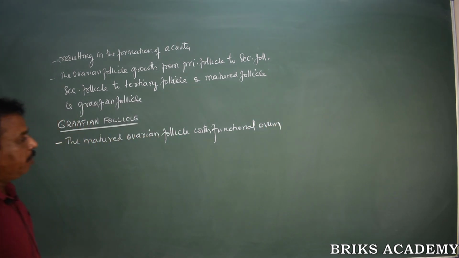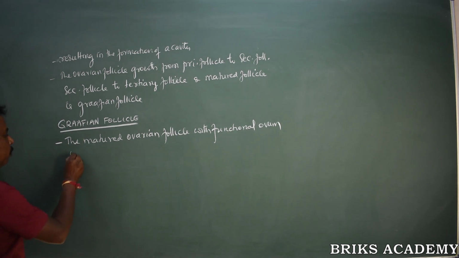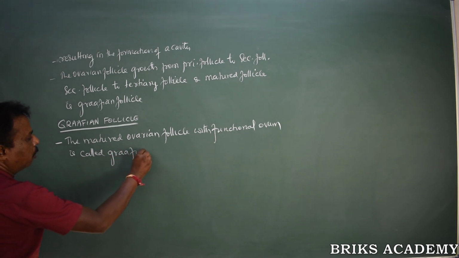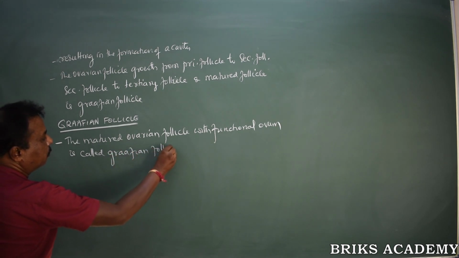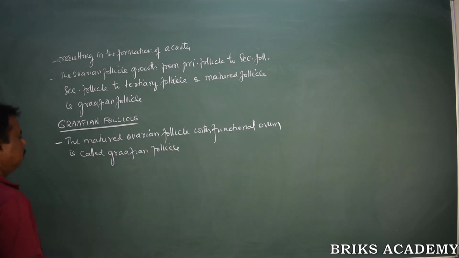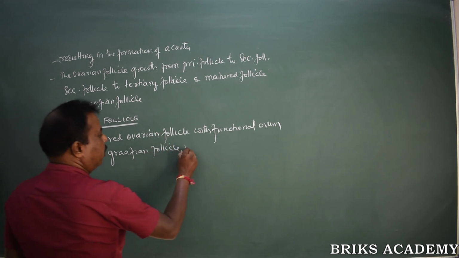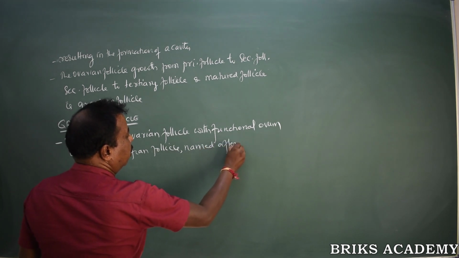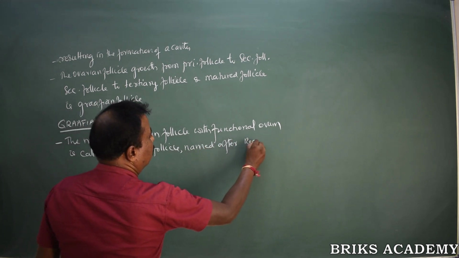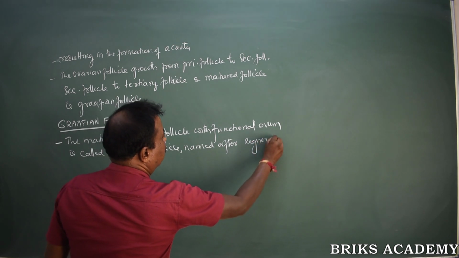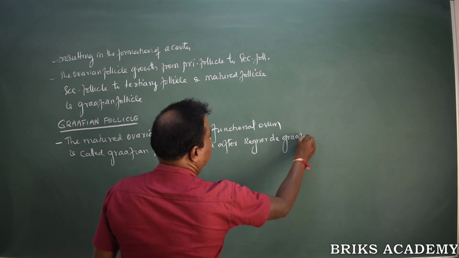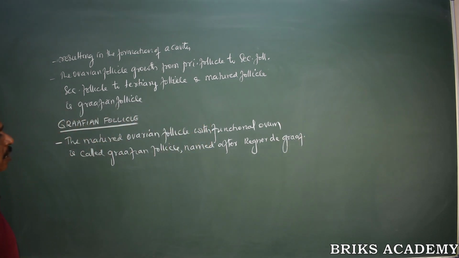The matured ovarian follicle with functional ovum is called Graafian follicle, named after Regner de Graaf.